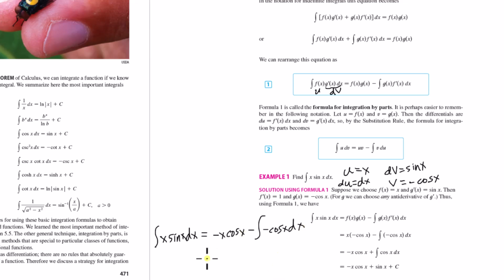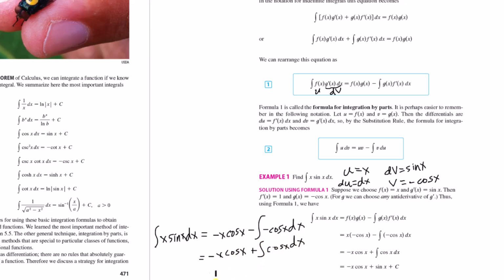And there you go. Let's simplify this. So we bring the minus sign out, plus, right? What is v? Minus cosine x. What is du? It's dx. What is u times v? u times v. What is u times dv? That's the original function.